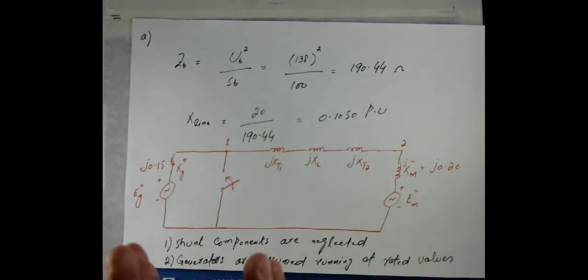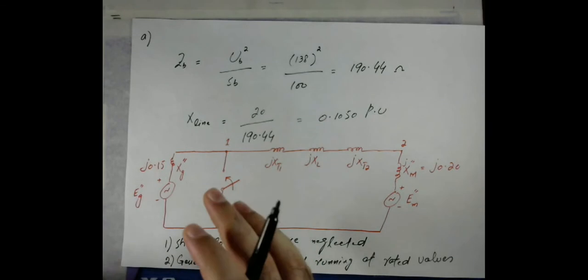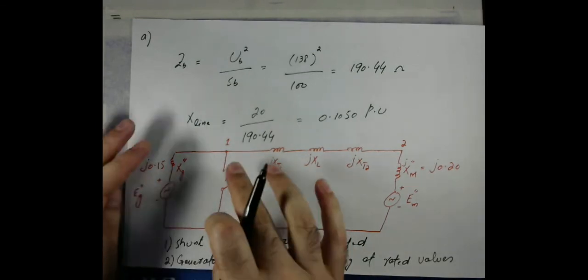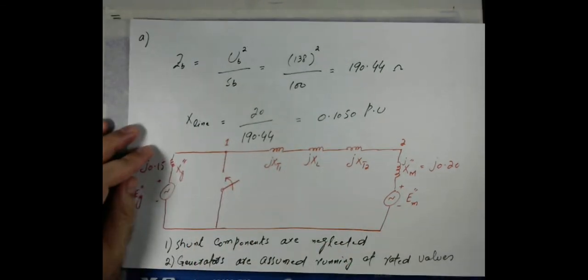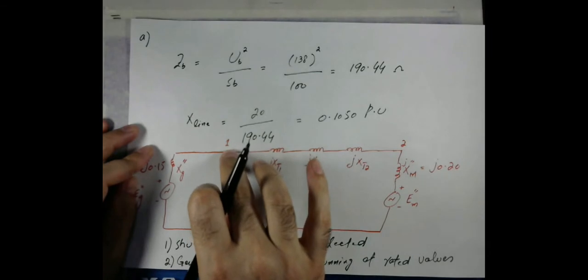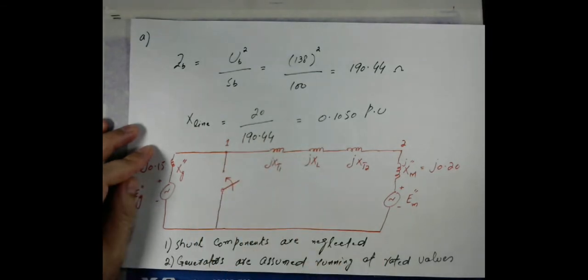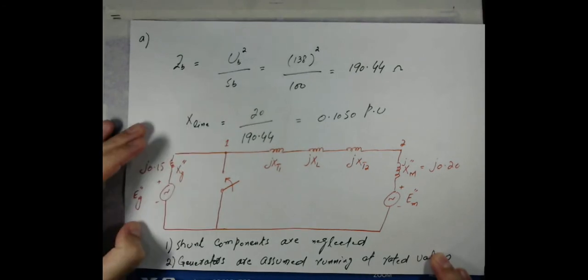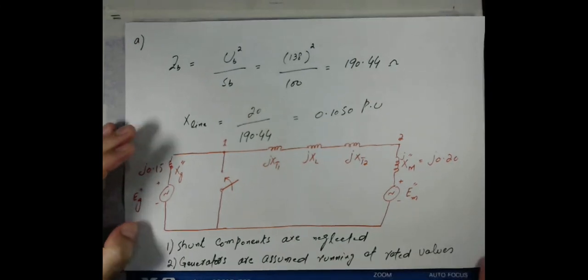That assumption makes our life simple, as we don't need to know the voltage at this point exactly under the faulty condition, or when the fault appears at this particular bus. At this bus, when the fault appears, the voltage is assumed the same as the voltage when the system was without any fault. So generators are assumed running at rated values even when the fault occurs.